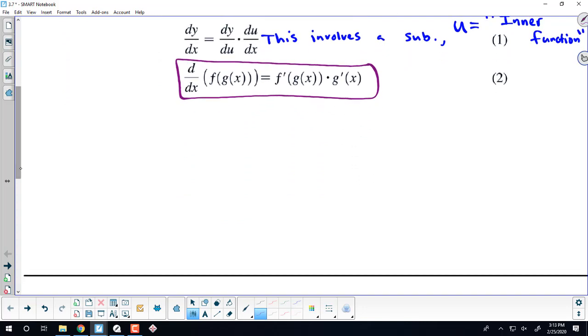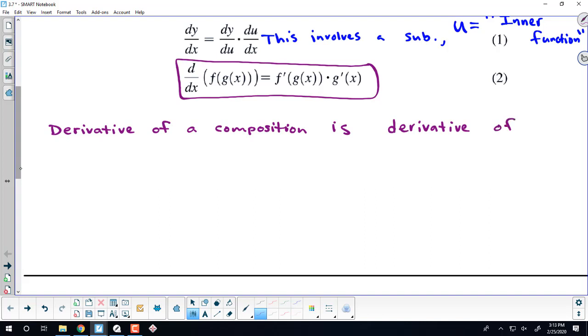The derivative of a composition is the derivative of the outside or outer function, and importantly, you have to leave the inner function alone.